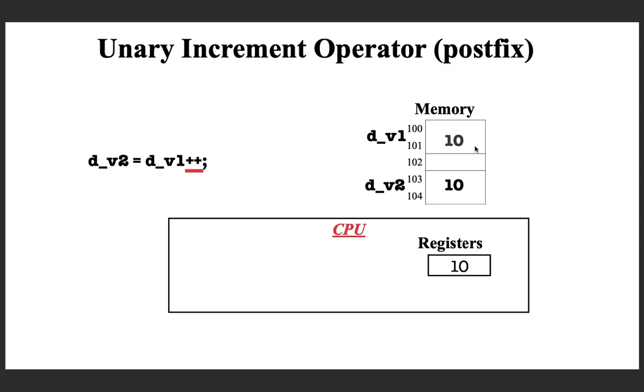Now the value of dv1 is 10, and this is going to be incremented. So 11 will be stored temporarily in a register and then taken back to dv1, because it is the same as dv1 = dv1 + 1. I hope you are getting me.